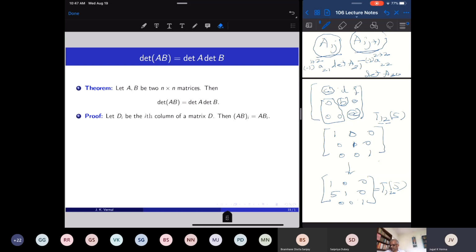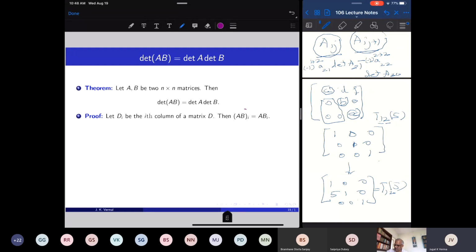We know this fact from multiplication of matrices, that if I want to multiply two matrices A and B, then the ith column of A times B is obtained by multiplying A with the ith column of B. This fact I proved earlier.